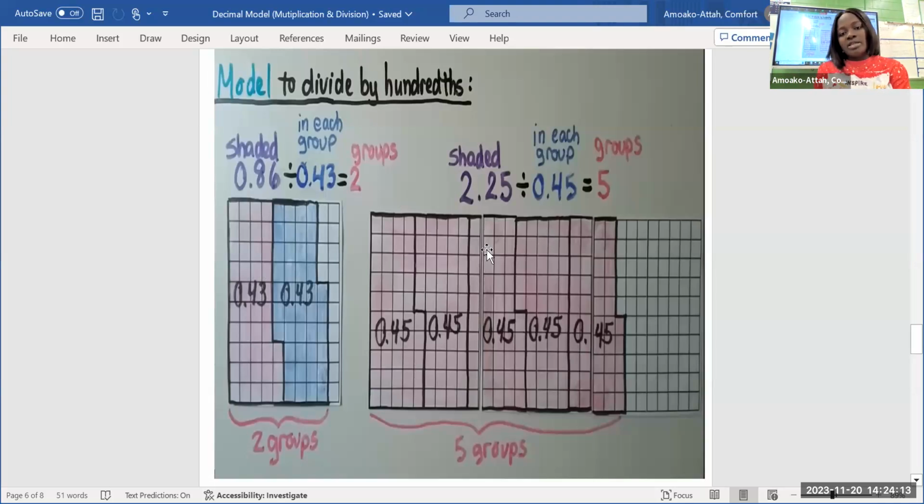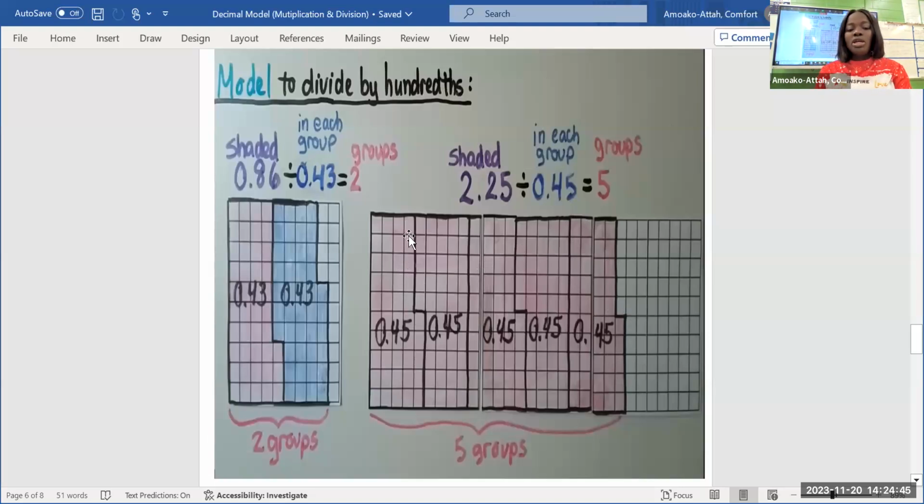The next example here is 2 whole and 25 hundredths divided by 45 hundredths. Again, you go through the same procedure. Looking at this, we have 1 whole, 1, 2, 3, 4, 5, 6, 7, 8, 9, 10. This is 1 whole. This is 2 whole. Then you count how many groups of 45 hundredths you can get from 2 whole and 25 hundredths, right?